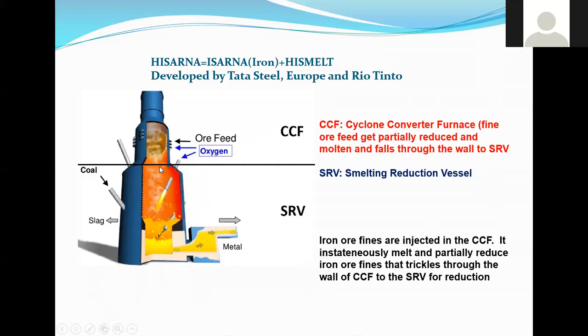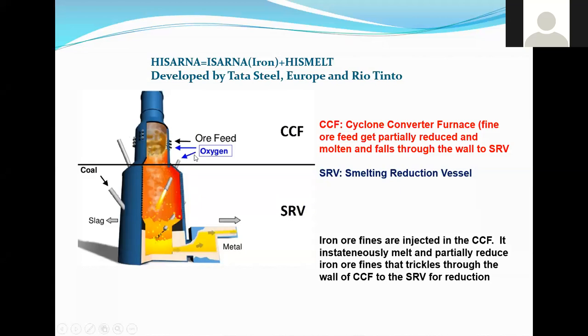The CO is combusted to CO2, and all the heat is generated, and this heat is used in the cyclone here, and the iron ore, very fine iron ore feeds are given there, and in the cyclone it basically completely melts, and also partially reduced, and it trickles down through the wall to the melting vessel unit.